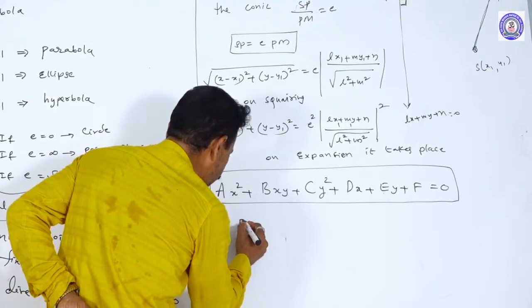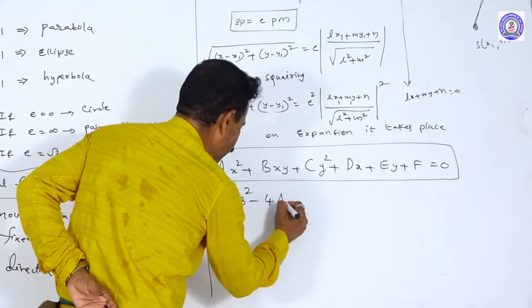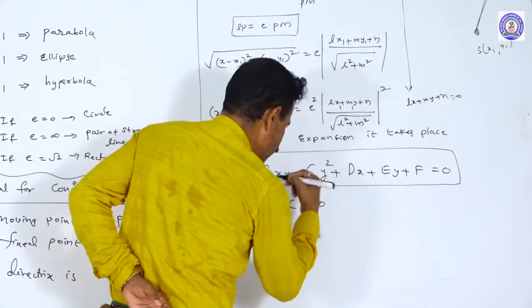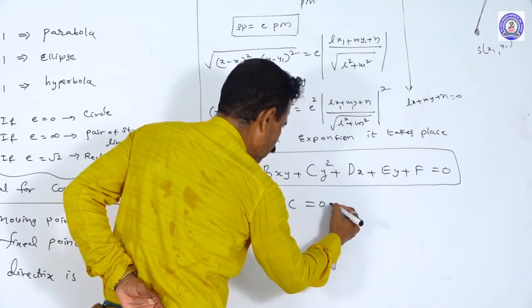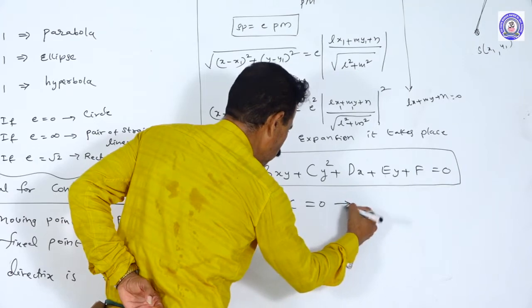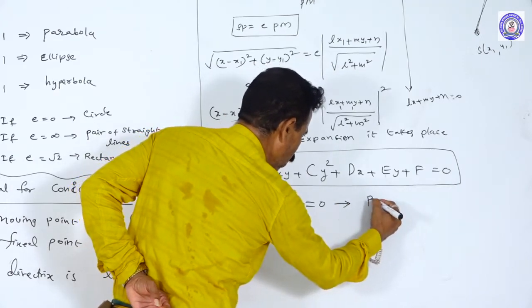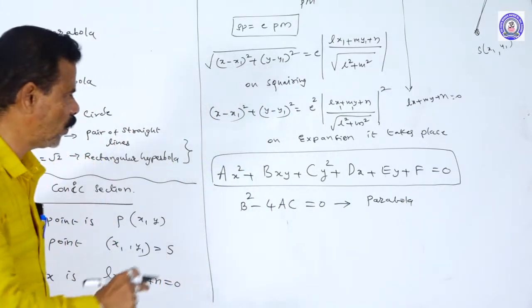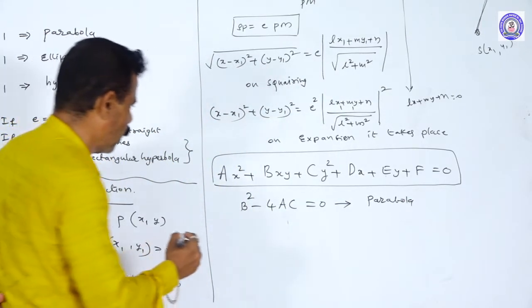Here, b square minus 4ac is equal to 0. If this represents a conic, which type? We decide here also. This is a parabola. If b square minus 4ac is equal to 0, it is the parabola.